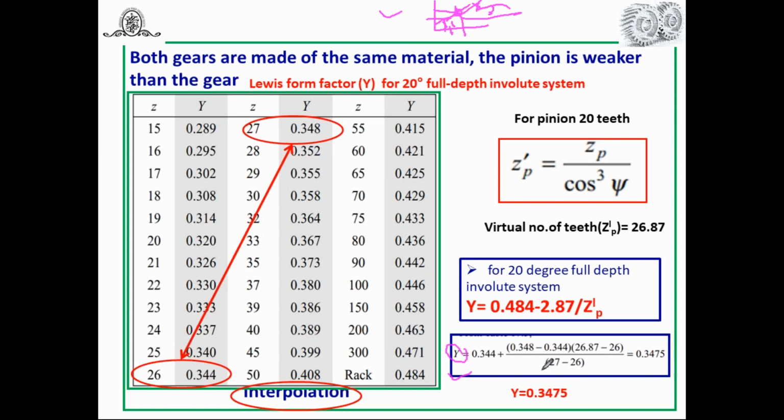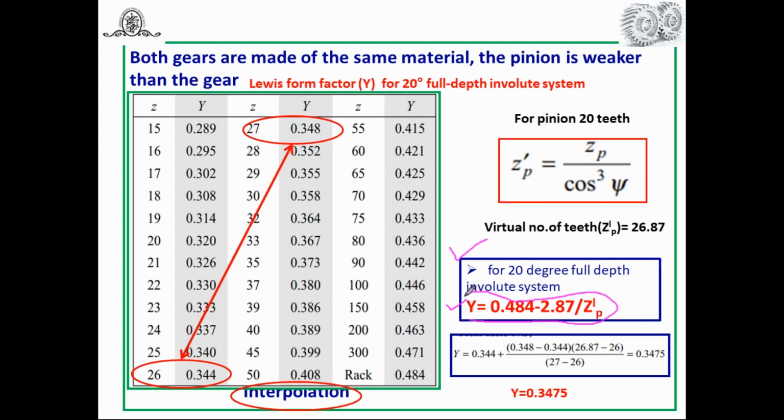You know very well how to use it. Okay, by using this, you will get this value. Again, suppose you don't have the chart available with you, then you know very well already, for a 20-degree full depth involute system, the value of Y.